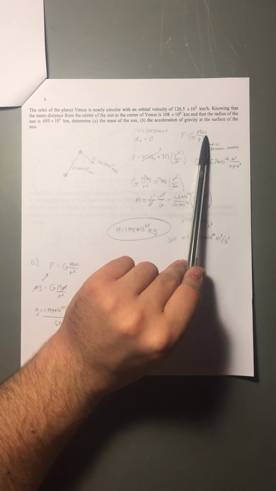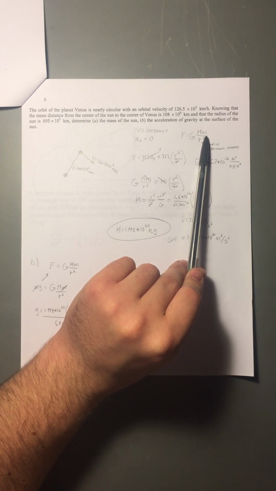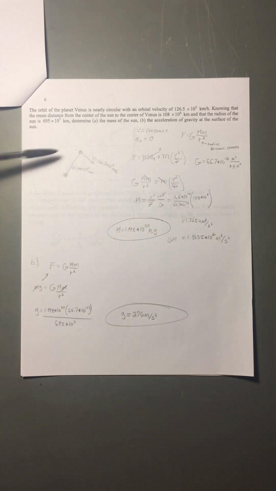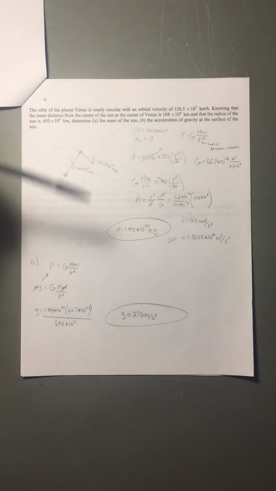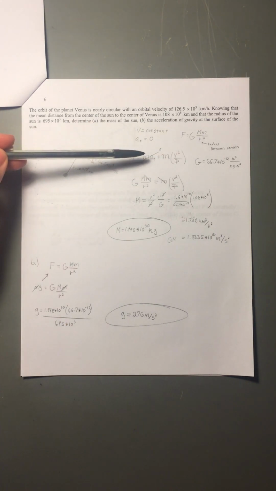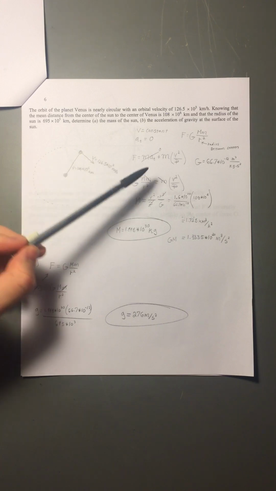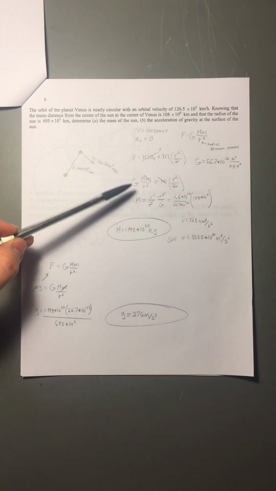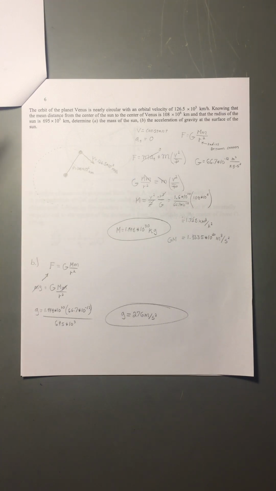We also don't know the mass of Venus yet, but we end up not needing that. And then this is the radius that was given to us here, rho. And so, since we have two equations for force, we can set these two equations equal to each other. And like I said before, the masses of Venus cancel. And then we have everything we need to know to solve for the mass of the Sun.